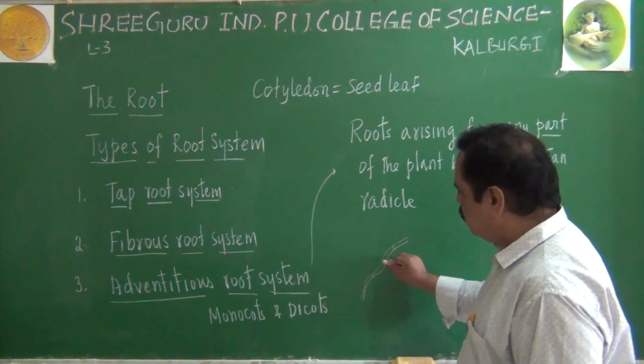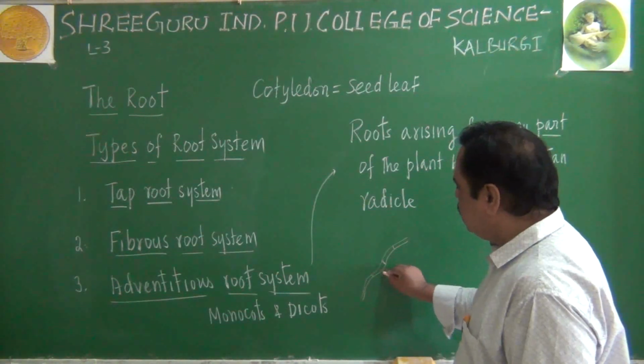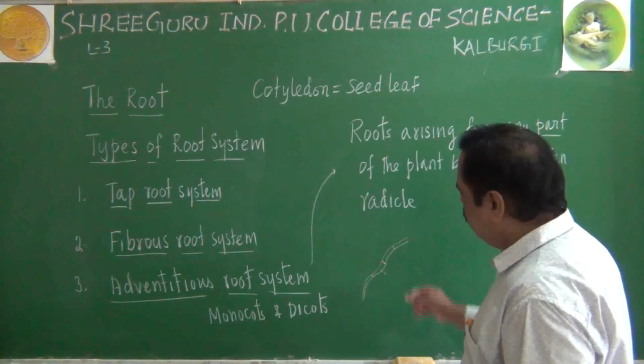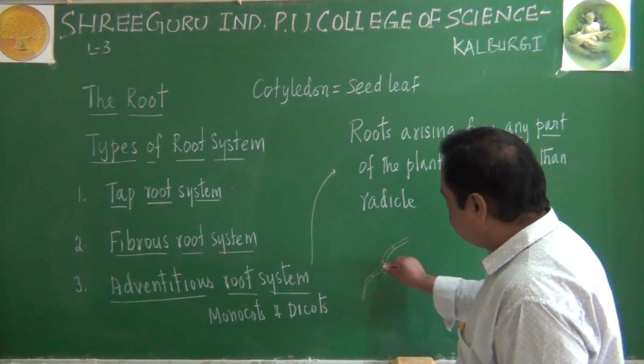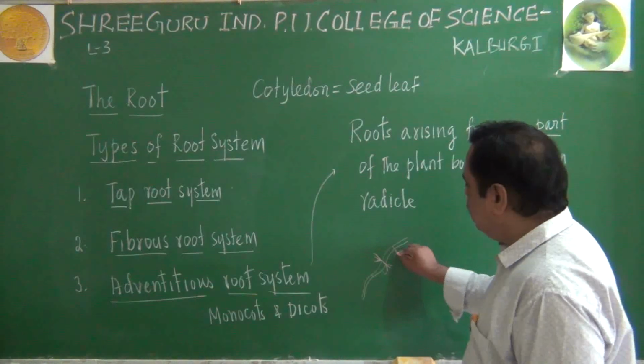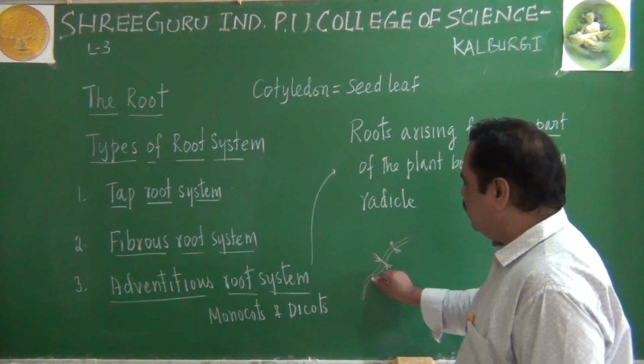These are called nodes. Between the nodes there is a place called internode. Now remember students, roots are arising from the nodes like this, not from the base.